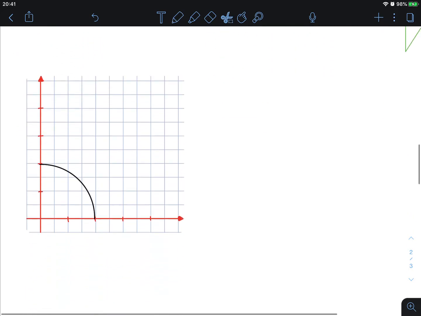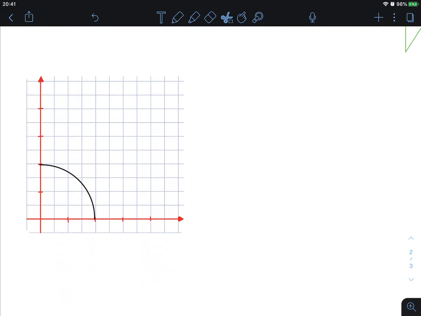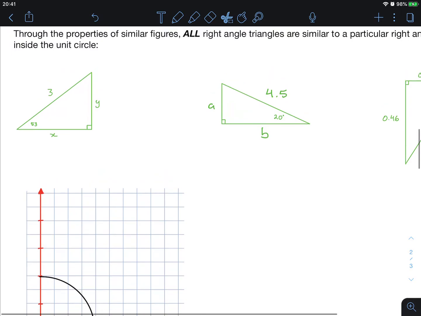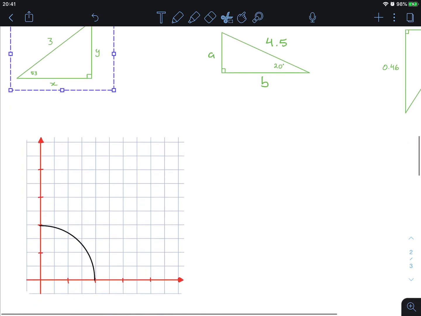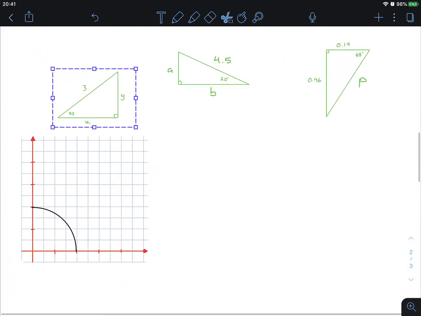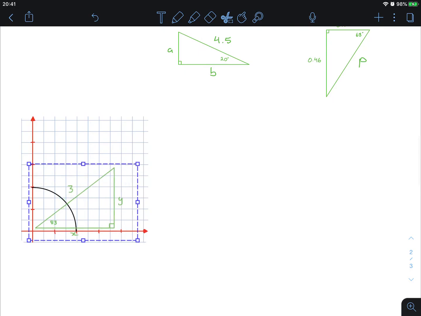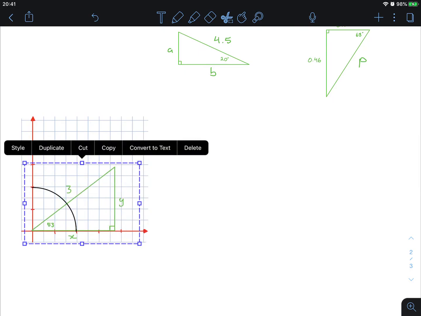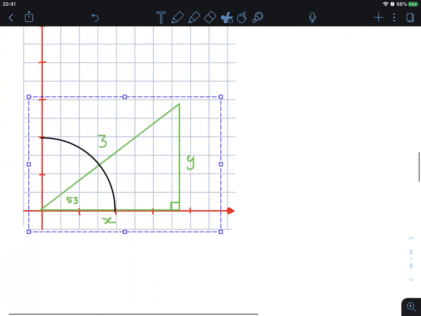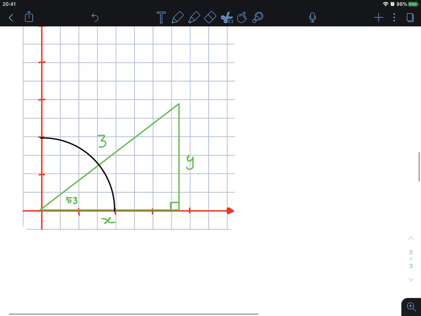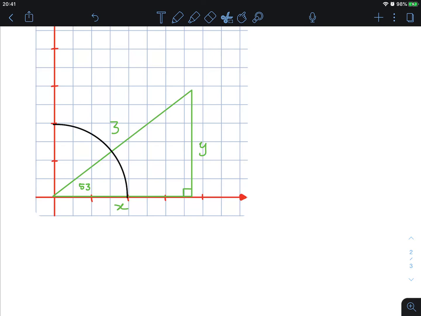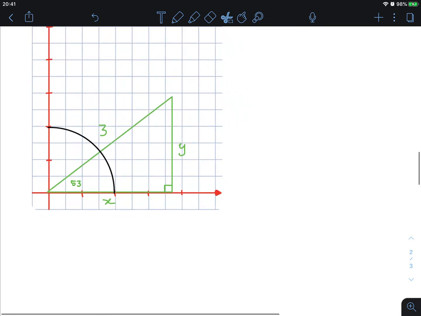So for example, here's my unit circle, radius of 1, not drawn to scale, and I'm going to try and fit this inside the unit circle. So it'll be about like that. It actually would be a lot larger if we think about it. But there we go. So that there is this big triangle that we fit inside the smaller triangle.